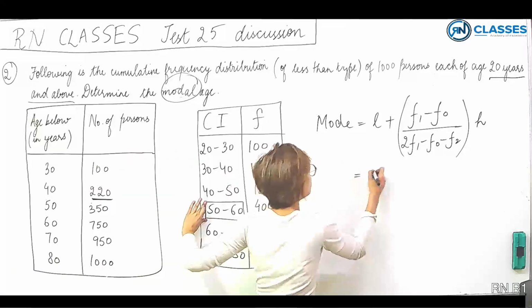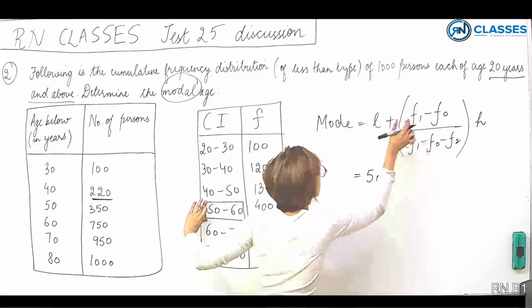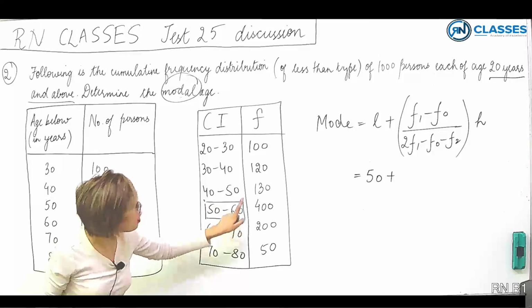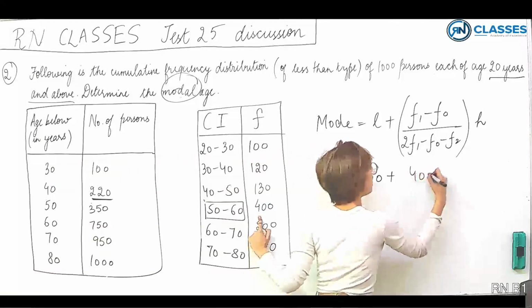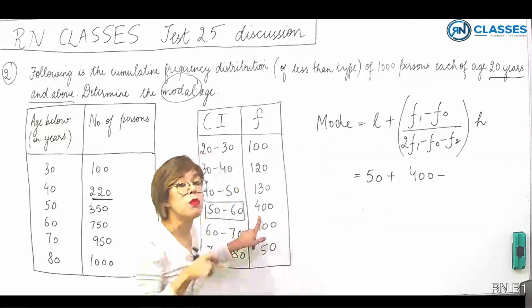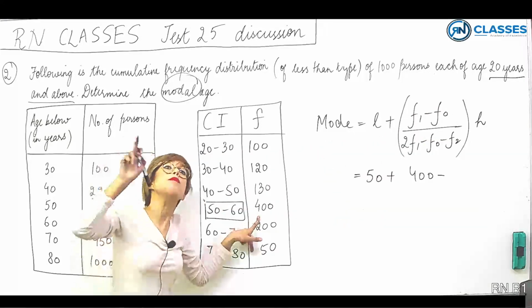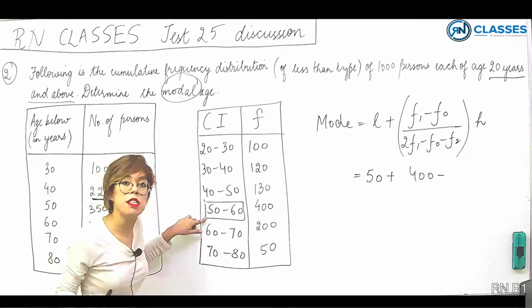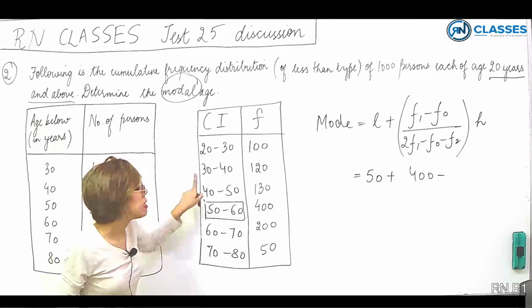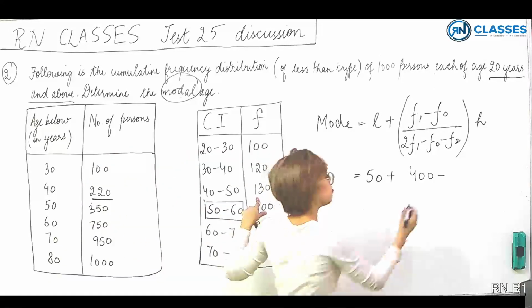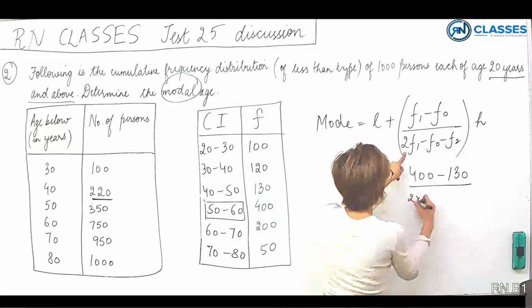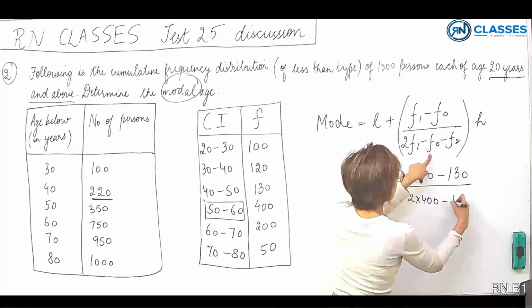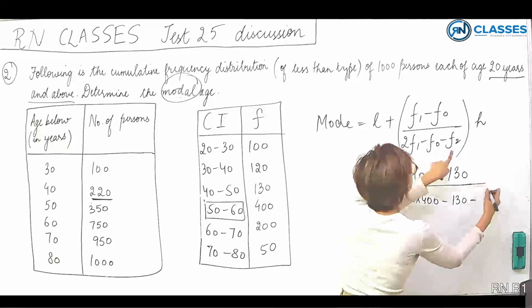So, 50 is the lower limit plus F1. Now, F1 is the frequency of the modal class, which is 400, minus F naught. F naught is the frequency of the class preceding the modal class. So modal class is this, preceding one is this. Frequency is 130. So we'll divide by 2F1, so 2 into 400 minus F naught, minus 130, minus now F2.